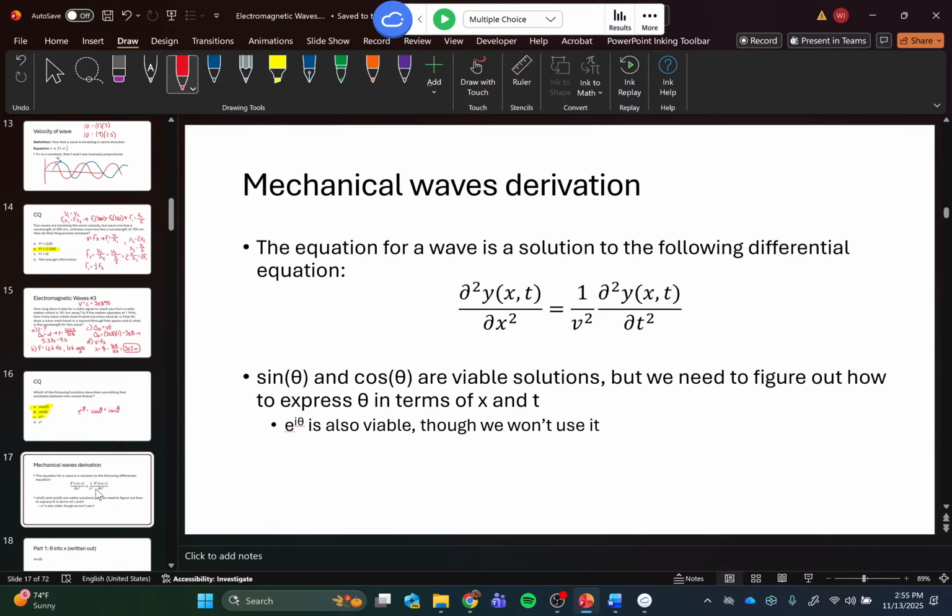And in the case of physics, everything I've covered so far is actually something that we're supposed to cover in Physics 1, but we never have the time for. So this equation emerges from Physics 1. Sine and cosine are viable solutions to this. Fun fact you'll see when you take differential equations: how do you solve a lot of differential equations? You guess the solution and then see if it works.